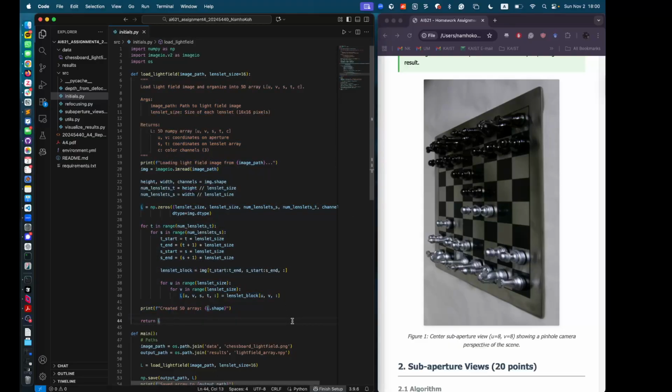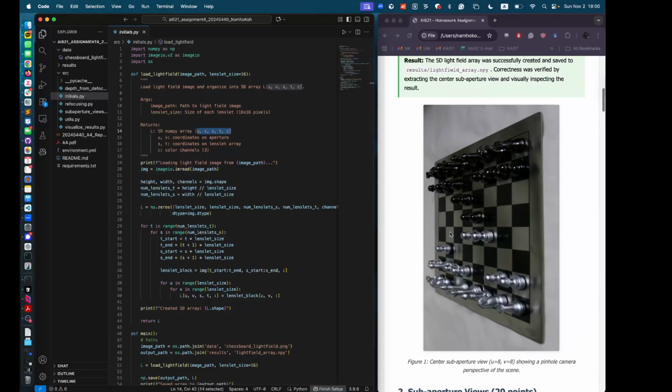Starting at line 5, the goal is to create a 5-dimensional array L indexed by UVSTC, where UV represent aperture coordinates, giving us our 16 by 16 sub-aperture positions, and ST represent the spatial coordinates in our lenslet array with resolution 700 by 400, and C represents the 3 RGB color channels.